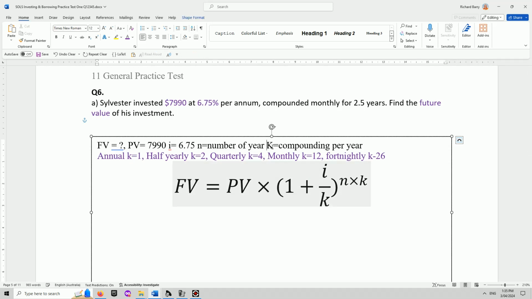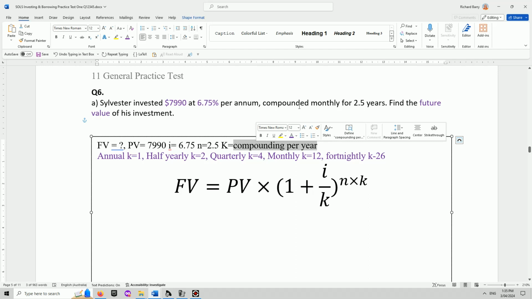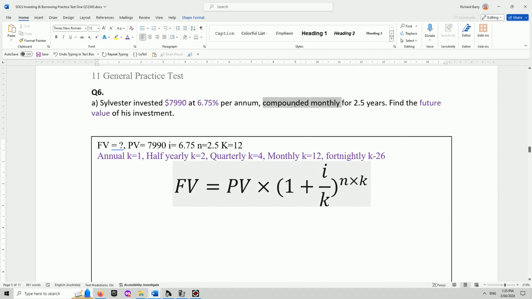So how many years? 2.5. Compounding per year, monthly is 12. So I've dealt with that, and I've dealt with that. Circle the bits that you're going to use. Monthly equals 12, ready to go.